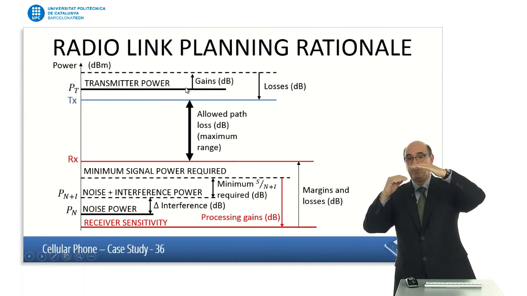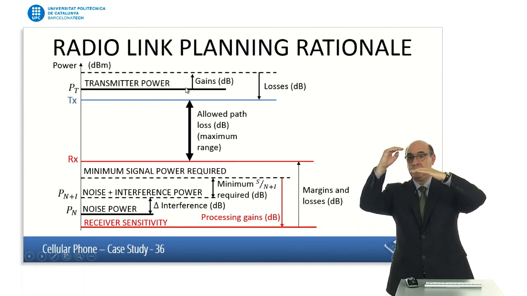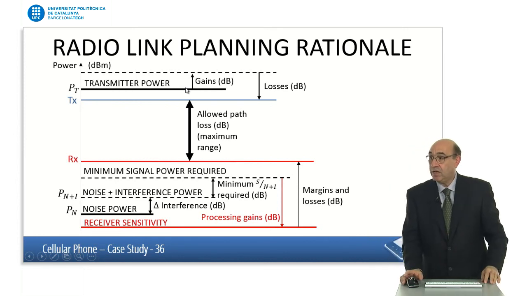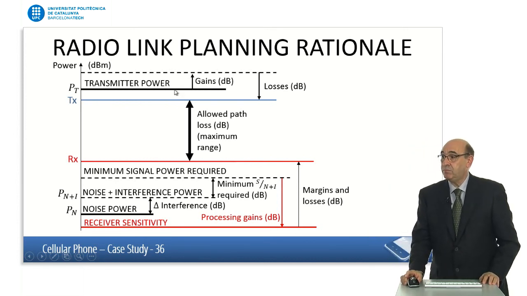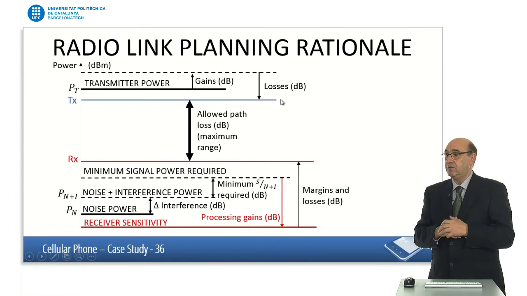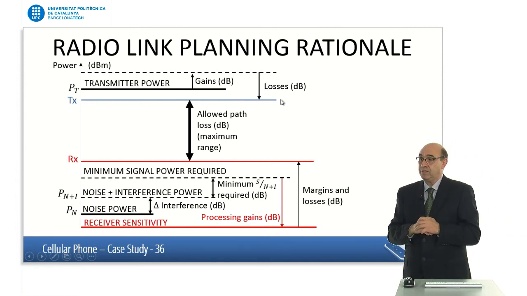So the transmitter power is increased by the gains and decreased by the losses on the transmitter side. So at the end, we start with the transmitted power, we apply the gains and the losses, and we end in this blue line, that is the level of power that is being transmitted. Okay?